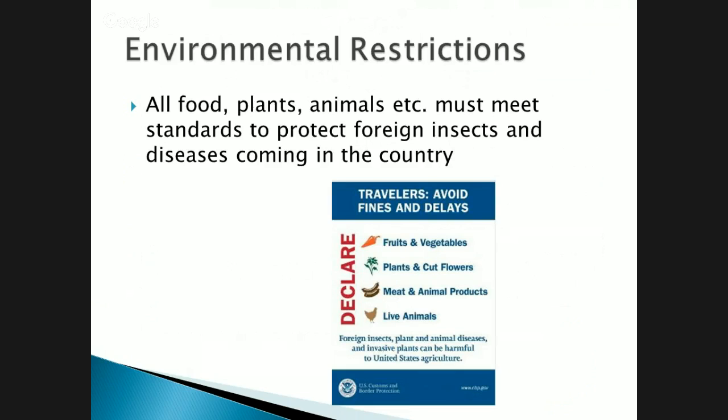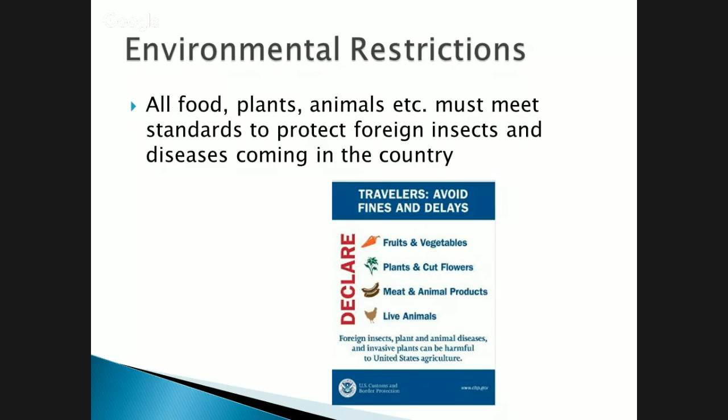Okay, environmental restrictions. It's another barrier to trade. So all food, plants, animals, etc., must meet standards to protect against foreign insects and diseases coming into the country. You may have seen something that looks like this little sign I've got on the slide: avoid fines and delays by declaring all fruits, vegetables, plants, meat, and live animals.